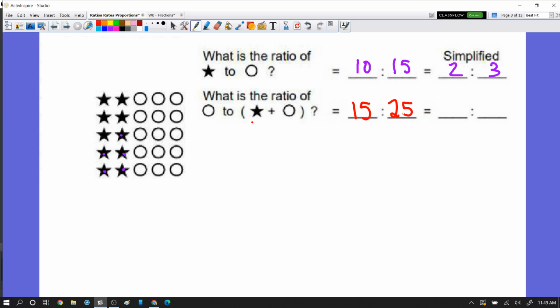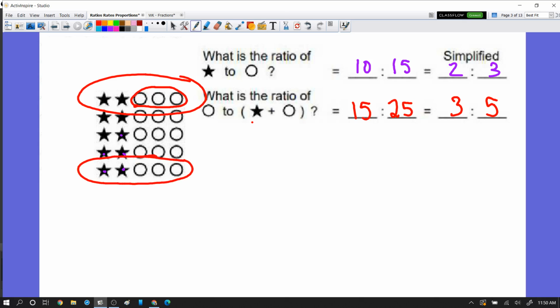You can go to 15 over 25 on your multiplication chart and scroll over, and then you will see 3/5 as a simplified ratio. That's saying for every 3 circles, there are going to be 5 total shapes. Out of 5 of the shapes, 3 of them are circles.